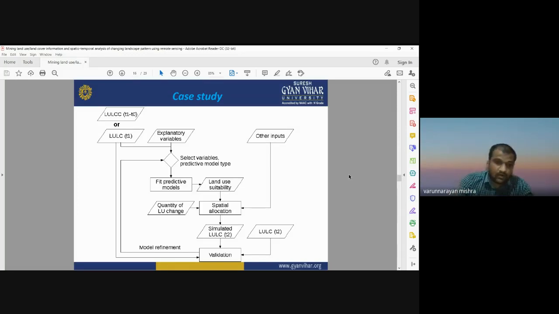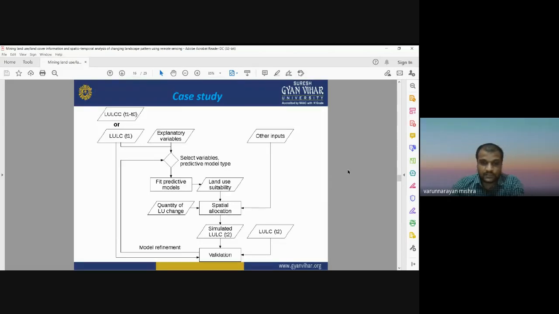After integrating all this information, we can have the simulated information of the LULC classes in the upcoming year, and then it will be used to predict, simulate or model our urban growth. This is the way in which we can have this information.